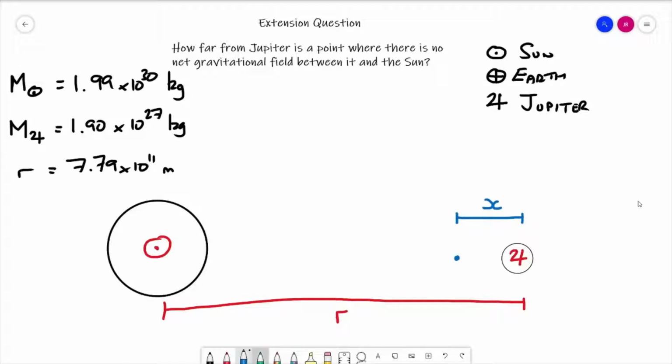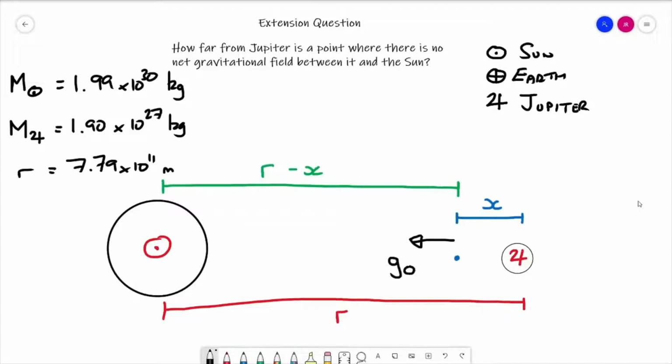Now with a little bit of very basic maths, we can see that this distance here will therefore be r minus x. Now at this point that we've defined, there will be two gravitational field strengths acting: the gravitational field strength from the Sun acting in that direction, and the gravitational field strength from Jupiter acting in that direction.